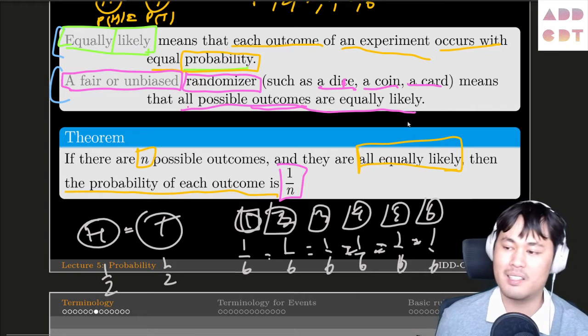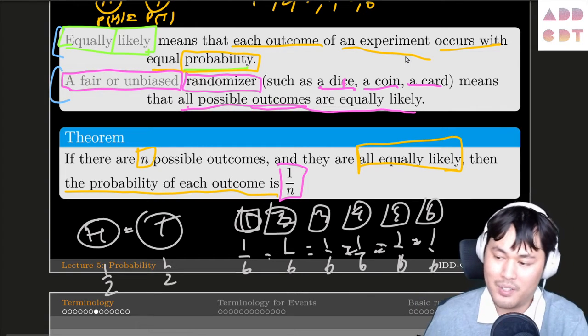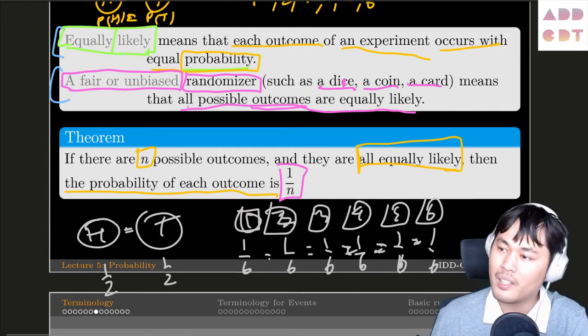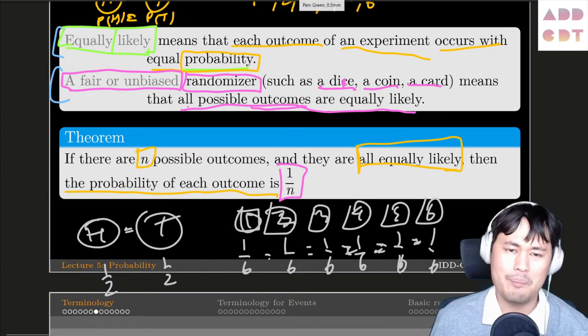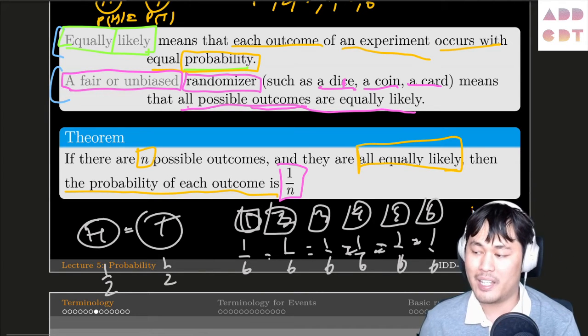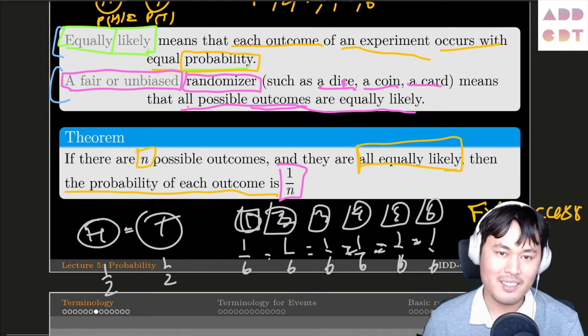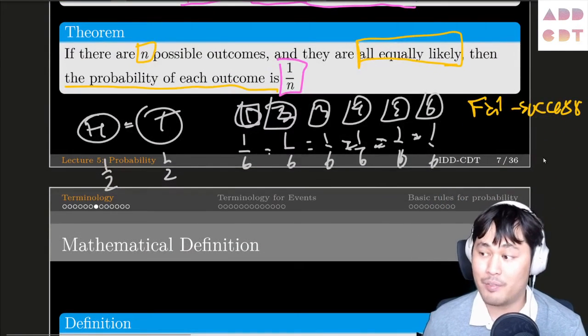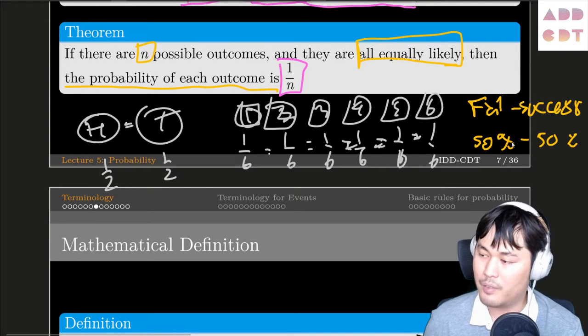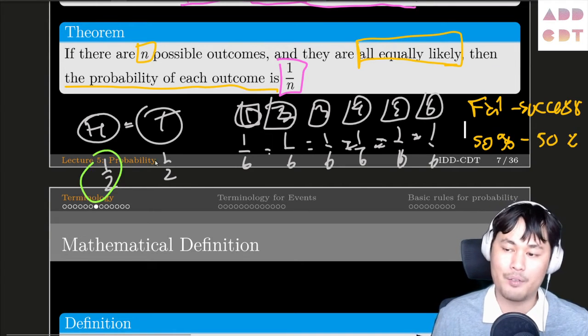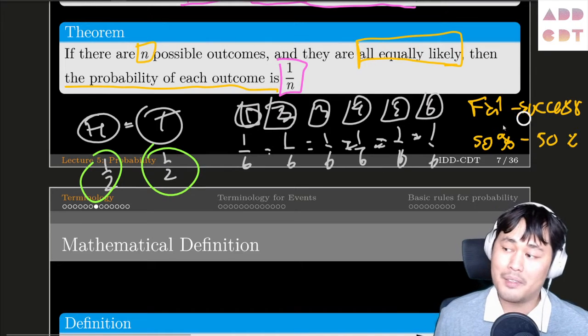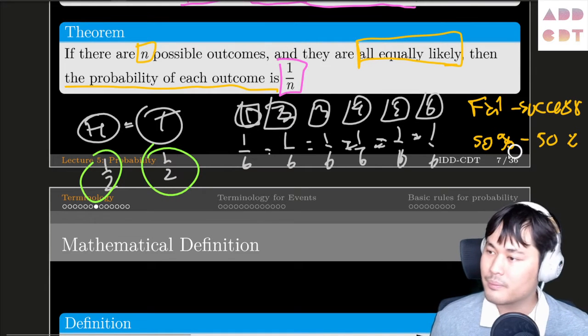But if they are not, then we cannot just say 1 over 6 or something. Like there are memes that okay, if there are only 2 outcomes, like it either fails or succeeds, then it means we have about 50-50. That's where the word 50-50 comes from. It's 1/2 and 1/2. But that's not always the case, right?